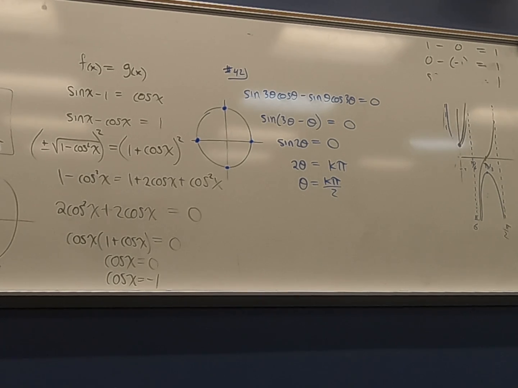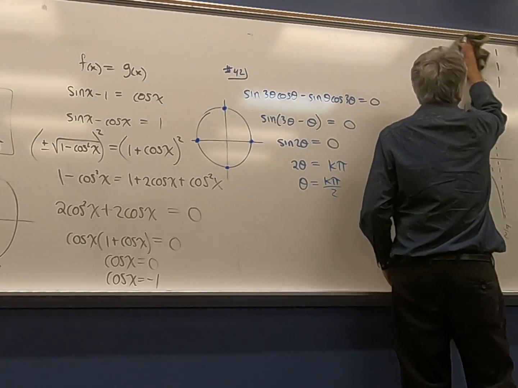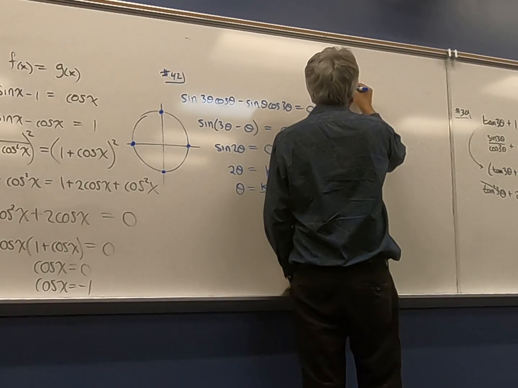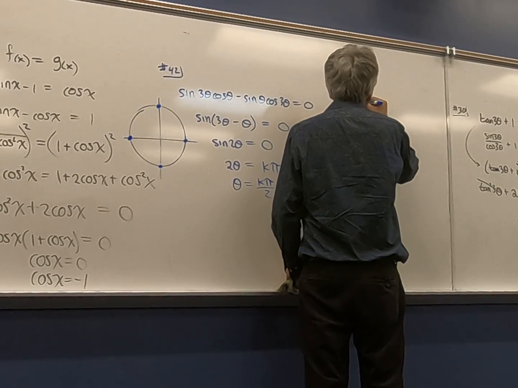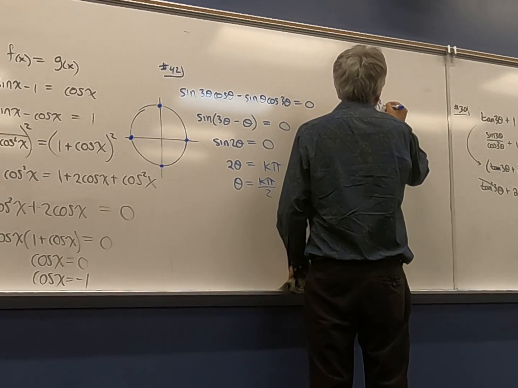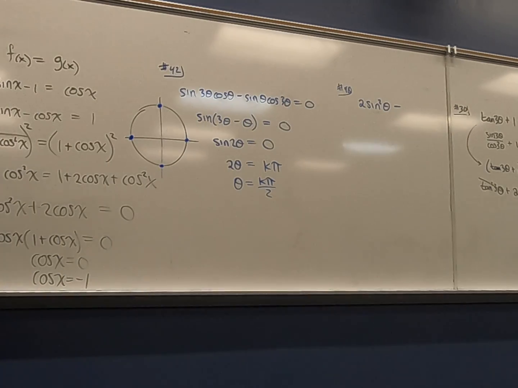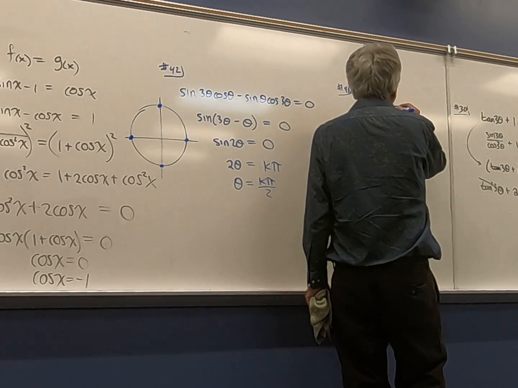How about 48? Here we got twice the square of sine minus cosine twice theta equals 2 more than the cosine of twice theta.